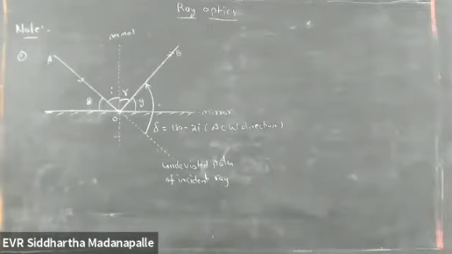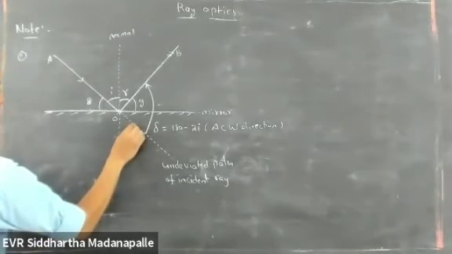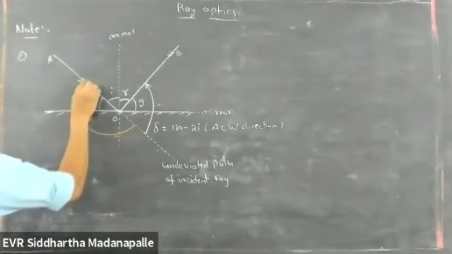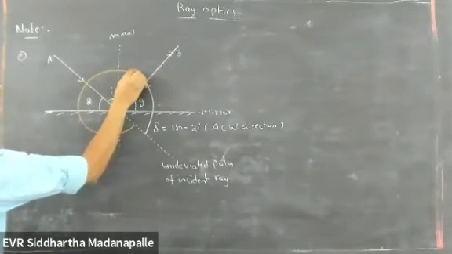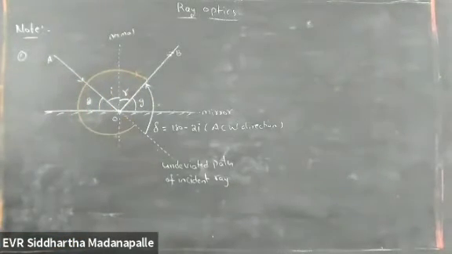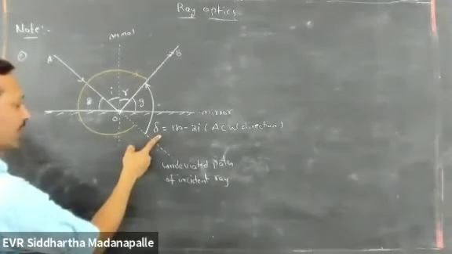Now sometimes they may ask what is the angle of deviation in the clockwise direction also. So, the angle of deviation in the clockwise direction. Remember, what is the definition for the angle of deviation?